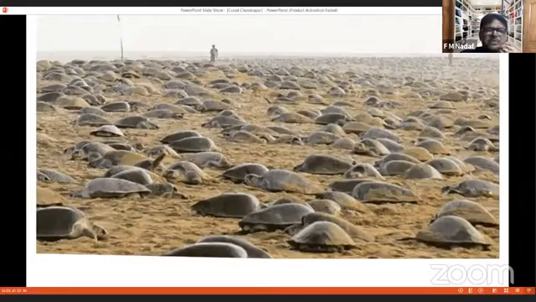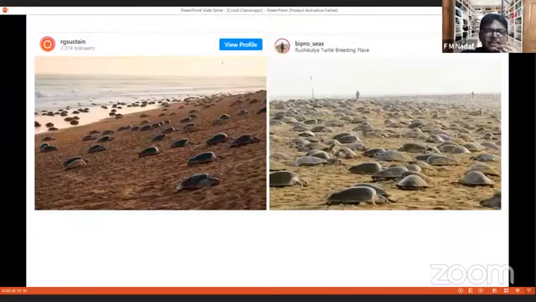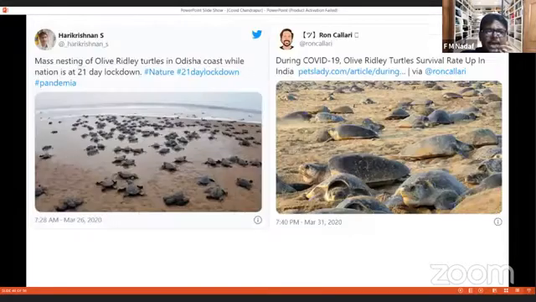So many turtles came, they laid eggs, the eggs hatched, and when the eggs hatch, they go back to sea immediately. This is a very wonderful scenario to see, the olive ridley turtles hatching and going back to sea, to their own original habitat.